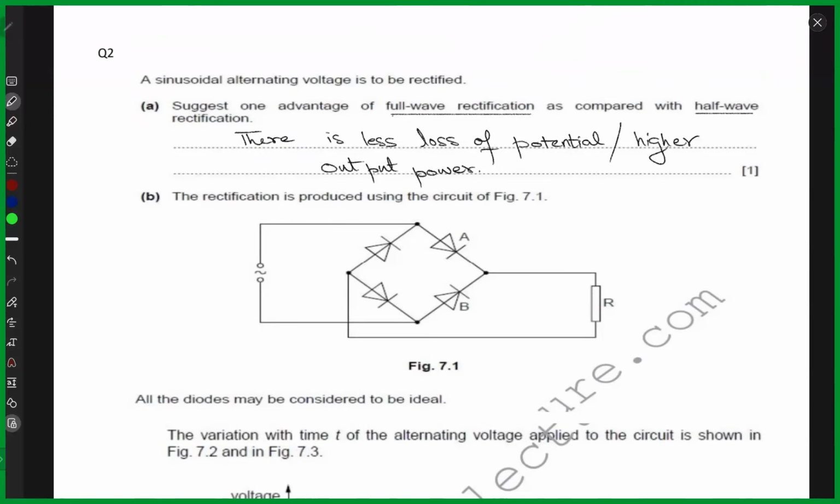Because the potential drop, the potential loss, is minimized. So because P is equal to V times I, the output power will be more compared to the half wave rectification. So is that clear?